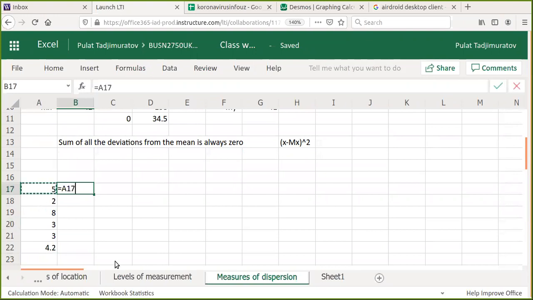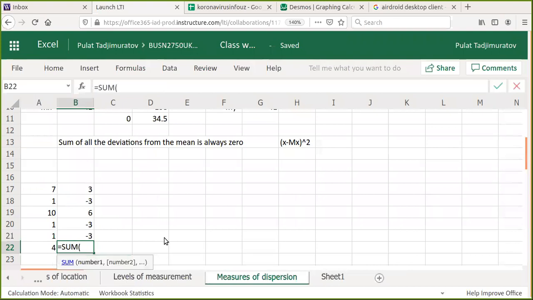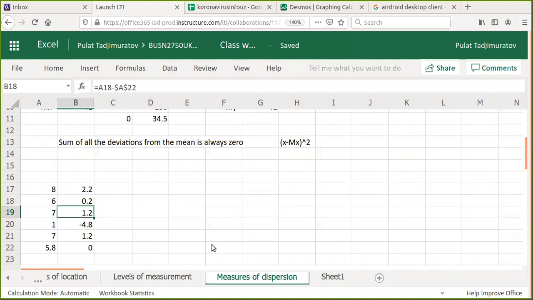So this is A17 and this one is A22. And then we will add them up, all of those deviations. 0. No matter what numbers you have, deviations from the mean will always add up to 0. So you can see the numbers change, the deviations change, the mean value changes, but the sum is always 0.